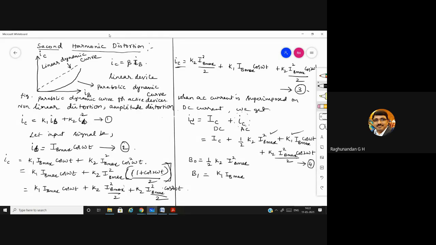For this part we are taking B2 is equal to half K2 I square B max. These are the three variables we are going to consider. Now we'll substitute all these three in the above equation.